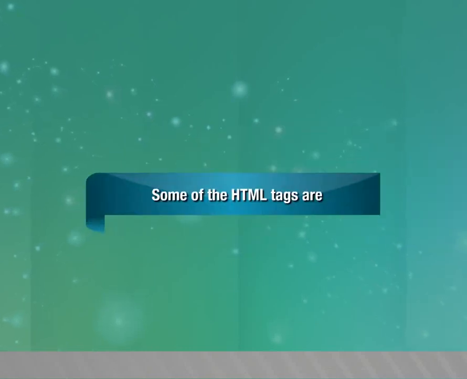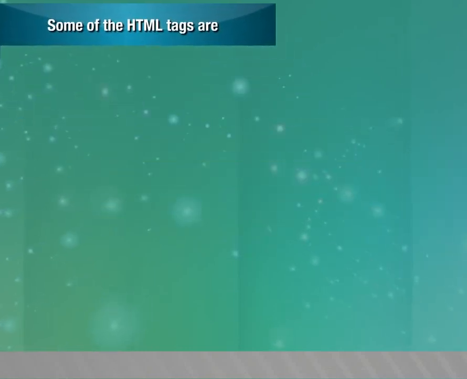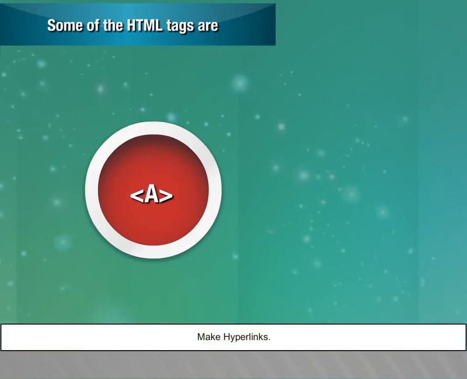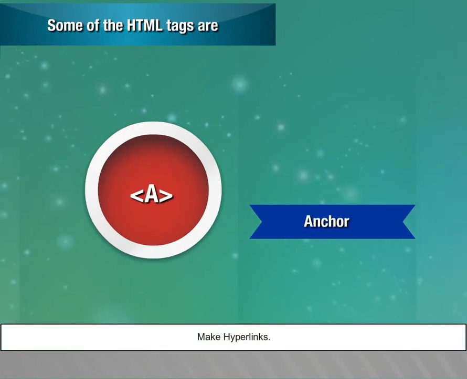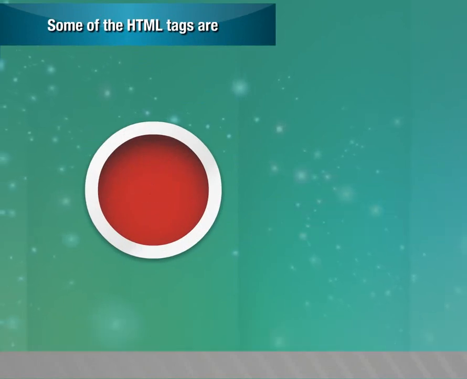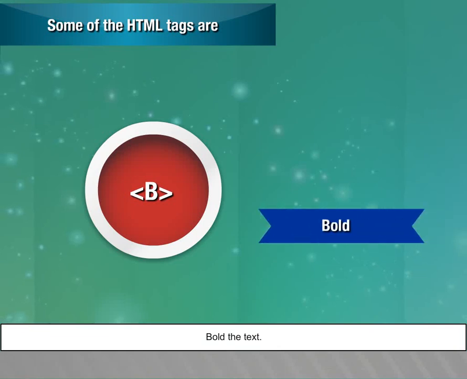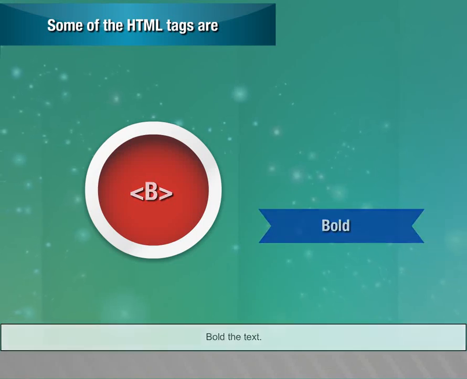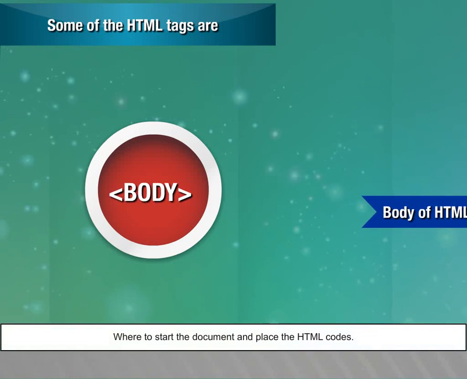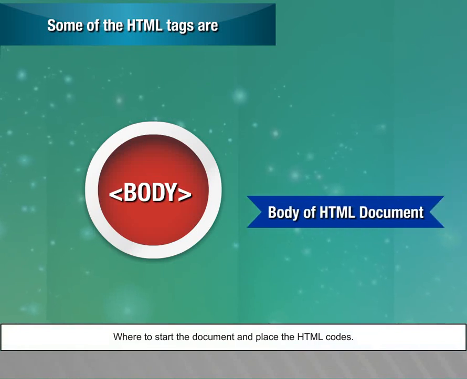Some of the HTML tags are: A, Anchor, makes hyperlinks. B, Bold the text. Body of the HTML document, where to start the document and place the HTML codes.